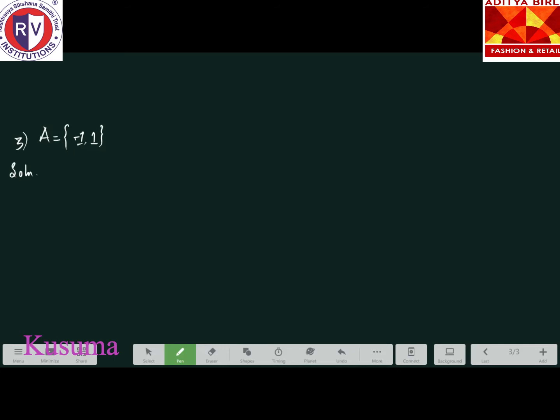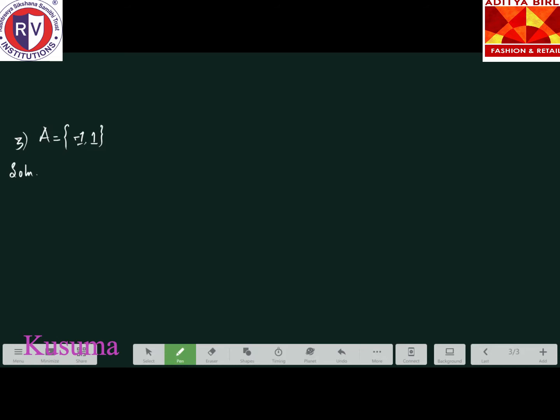Here there are only 2 elements, but real numbers are so many. So option C also cannot be the answer. So this has to be either root of the equation x square plus 1, or it has to be the root of the equation x square minus 1.